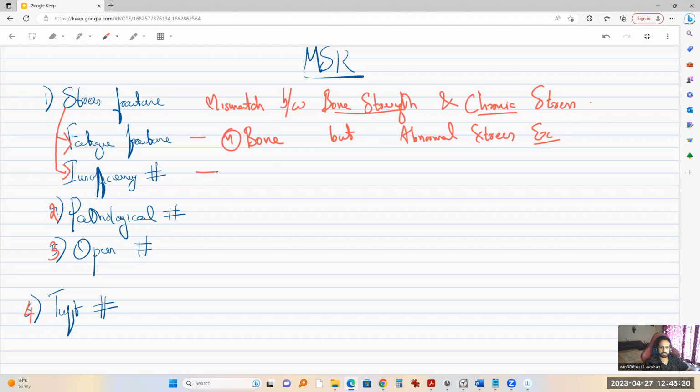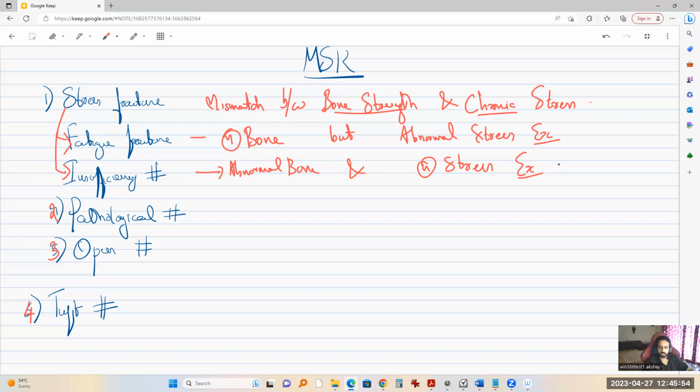And insufficiency fracture is the opposite of this. The bone is abnormal, and the stress is normal. Okay, one commonly seen example is osteoporosis.